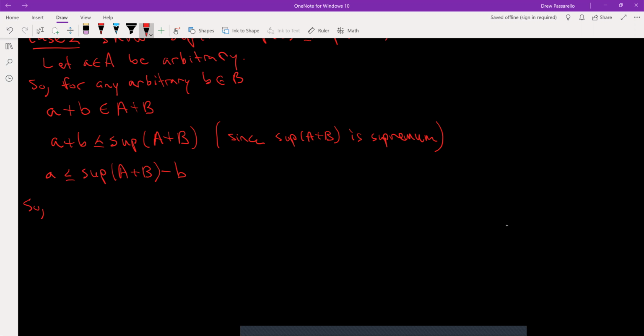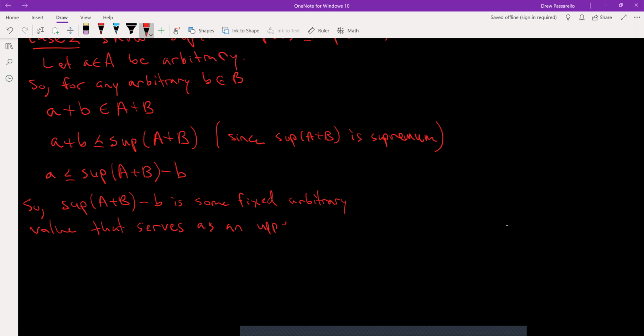So sup of capital A plus B is some fixed arbitrary number that serves as an upper bound for capital A, but we know what the least upper bound is.